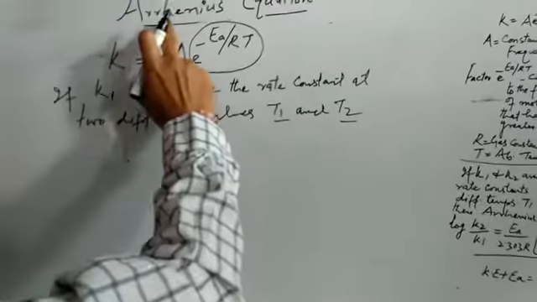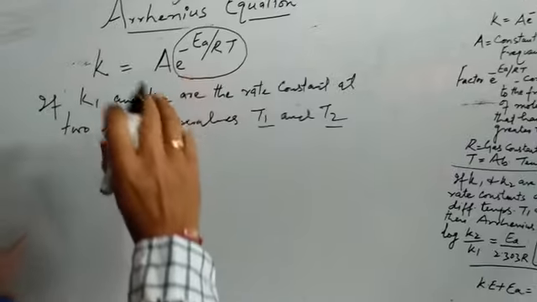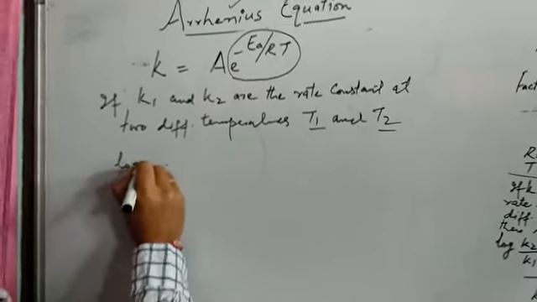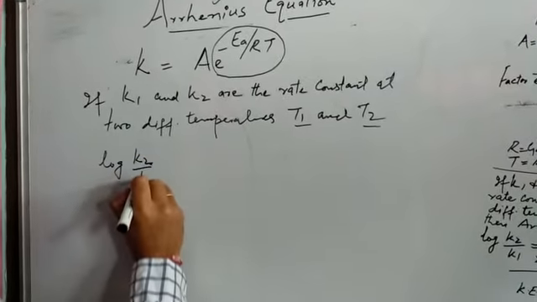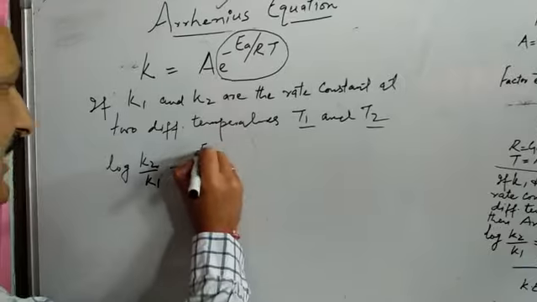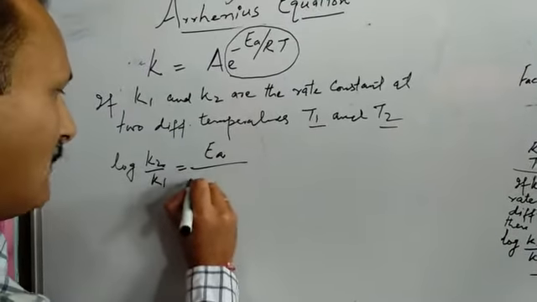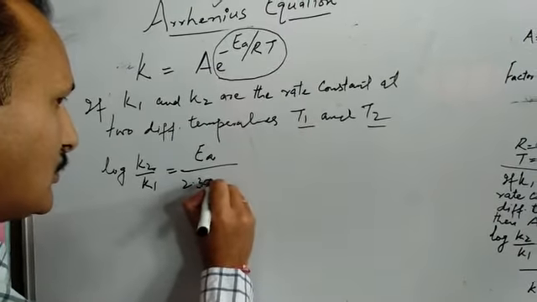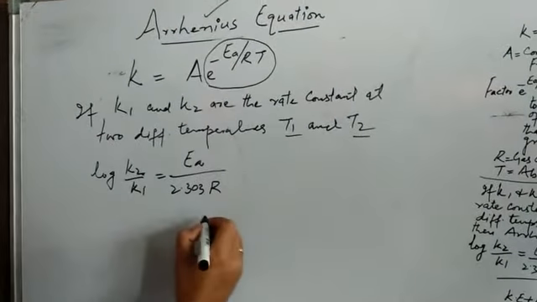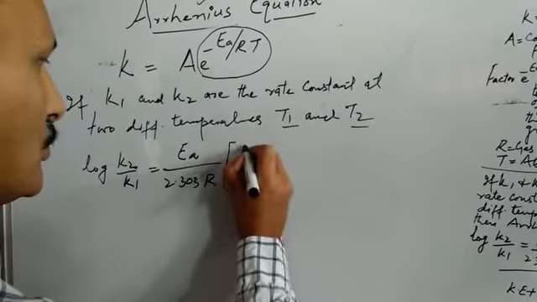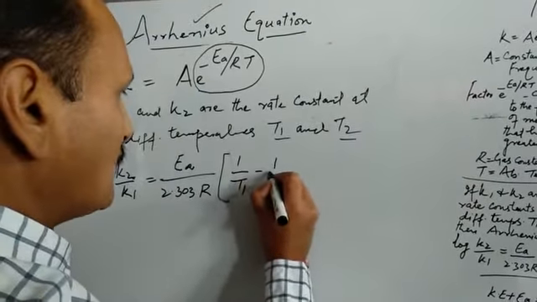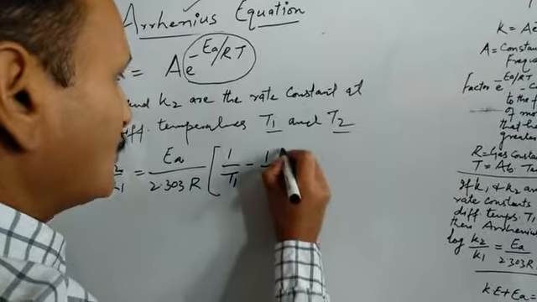in that case the Arrhenius equation can be put as: log of K2 upon K1, that is the ratio, equals activation energy upon 2.303 R, this gas constant, into the reciprocal of T1 minus the reciprocal of T2.